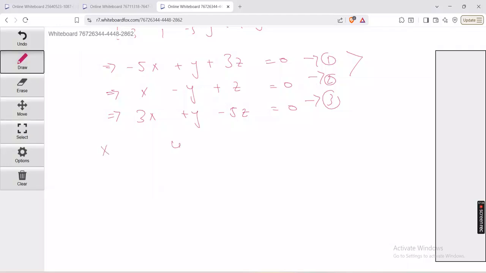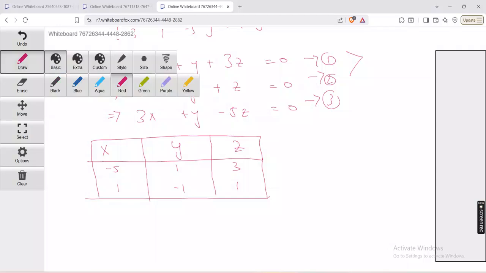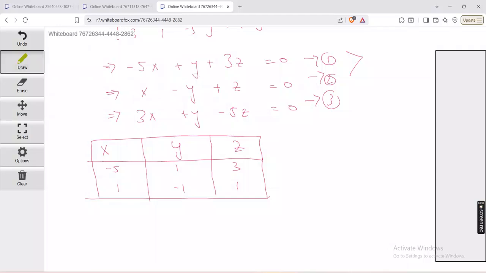Again, we can make x, y, z, and once we separate this, it's easy for us to solve. First two: this is minus 5, this is 1, this is 3, and this is 1, minus 1, and this is 1. Okay. Now, I need the values for x, y, z.